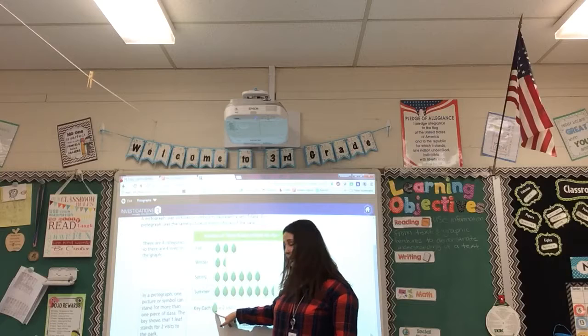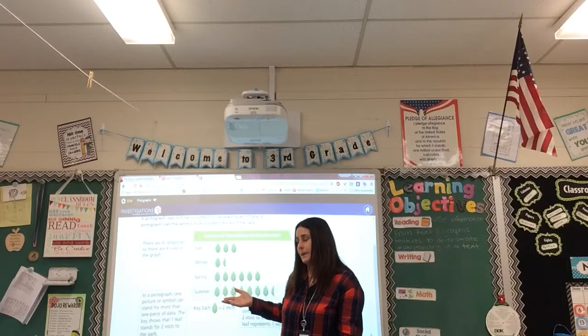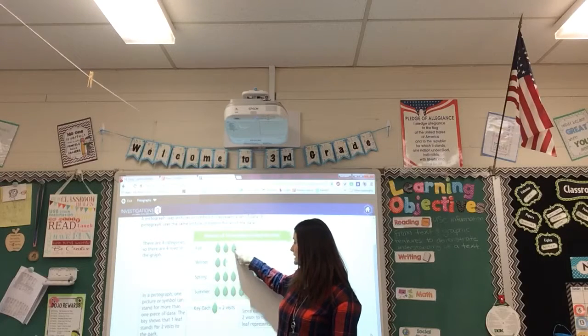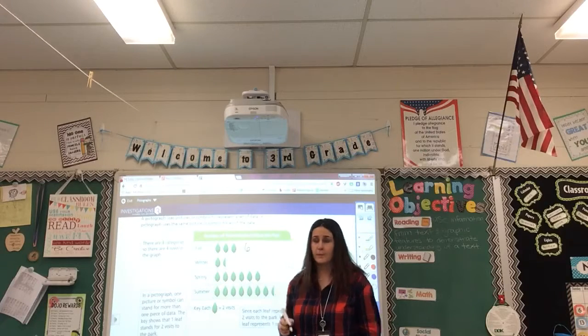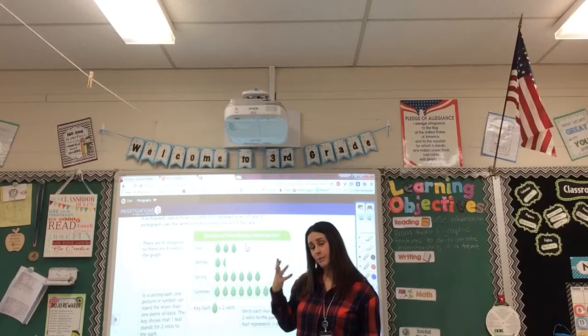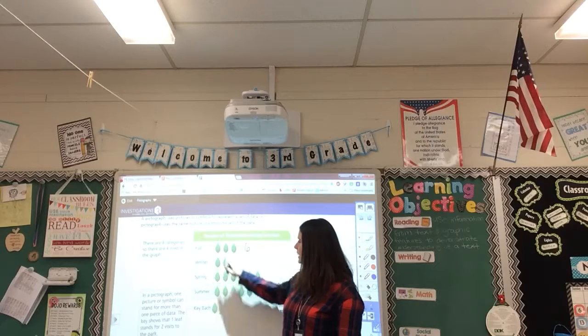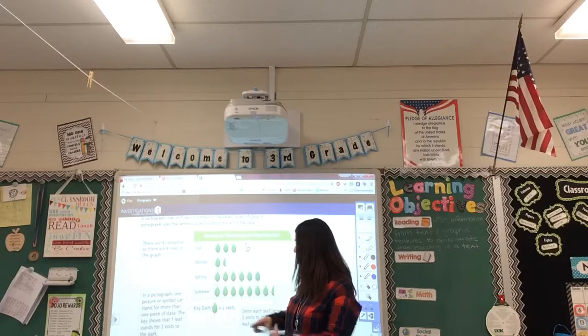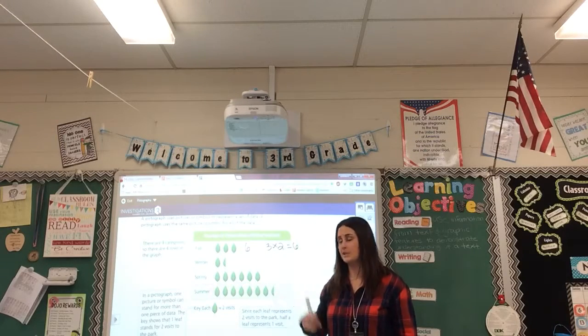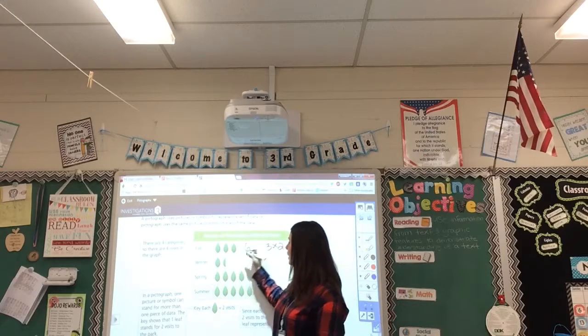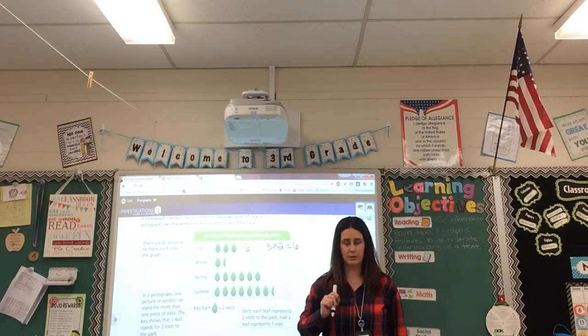Since I know each leaf equals 2, I could just skip count by 2: 2, 4, 6. So she visited 6 times in the fall. Or, since I know my 2 multiplication tables, 3 times 2 also equals 6. Maybe I don't want to skip count, maybe I'm going to use my multiplication skills. You can definitely do that. But in the fall, she visited the park 6 times.